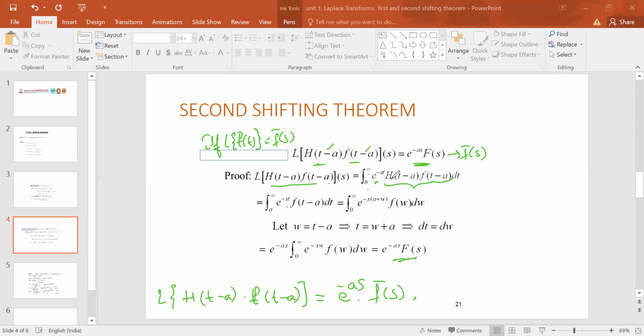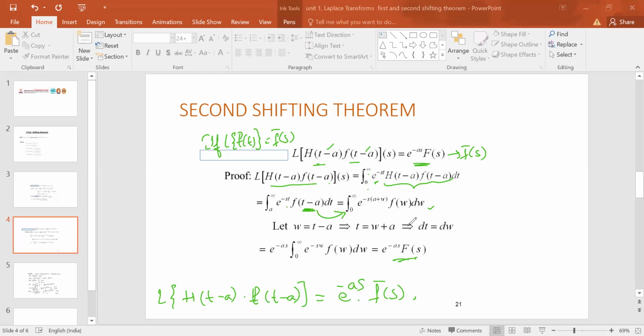Okay, so when we apply these limits for the h of t minus a, they will be changed to a to infinity. So after that, integration over 0 to infinity e power minus s into a plus w into f of w dw. So the integration has been changed. How? By considering t minus a as w, this integration has been converted to this.